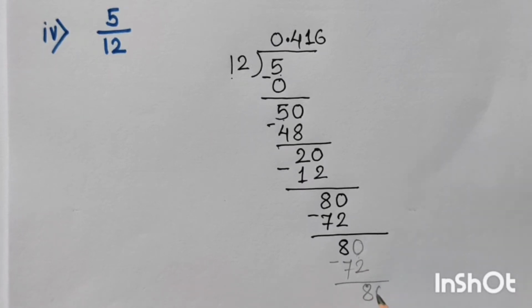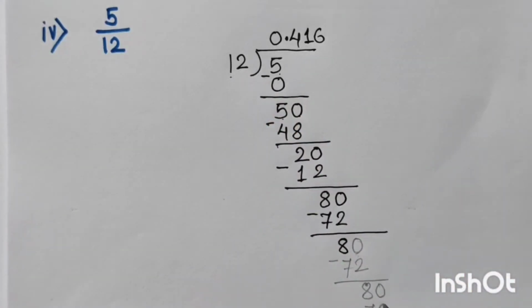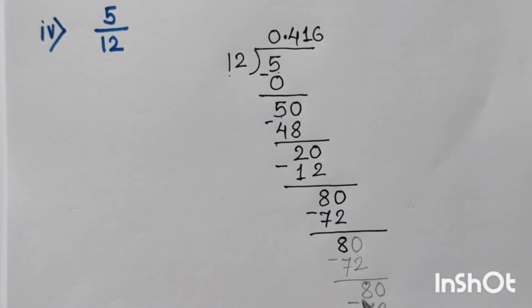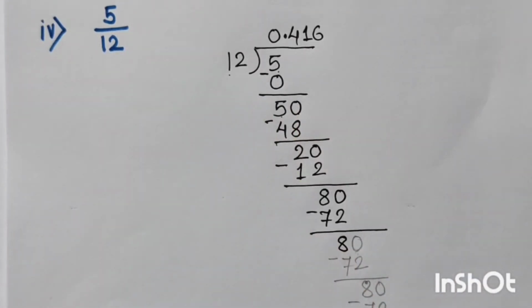Again after 8 we will put a 0. Again 12 6s are 72. That means every time we are going to get 8 in the remainder, and when we put 0 we will get 80, and when we divide this 80 by 12 we will be getting 6 in the quotient. That means 6 is coming again and again. That means 6 is recurring.